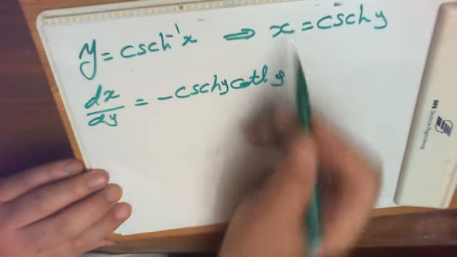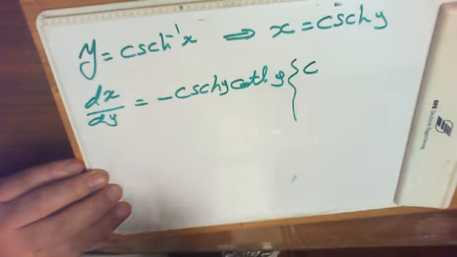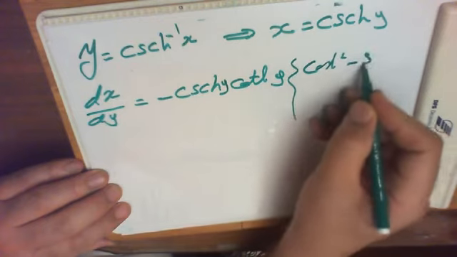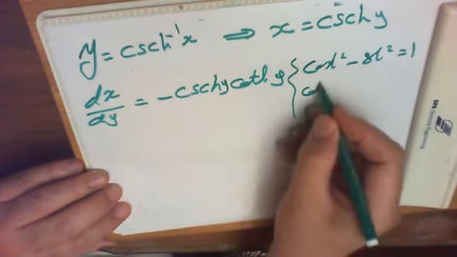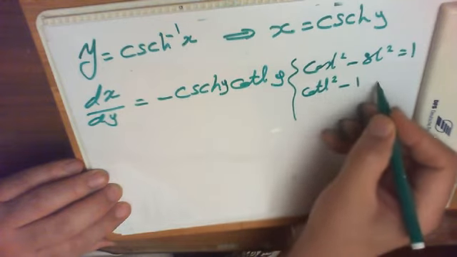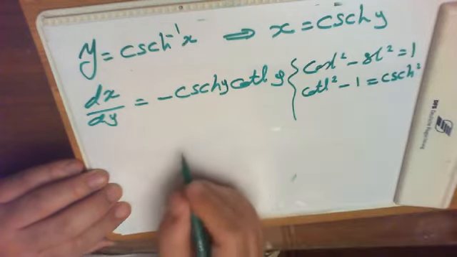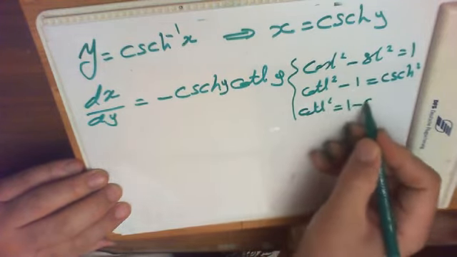What about coth? The same relation, same golden rule. Cosh squared minus sinh squared equals 1. Divide by sinh squared to obtain coth squared minus 1 equals cosech squared. So coth squared equals 1 plus cosech squared.